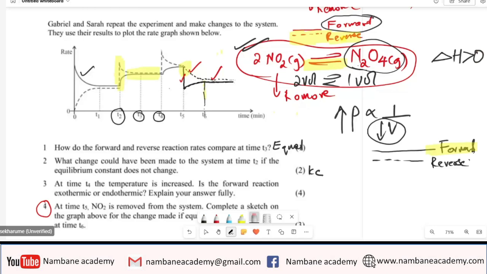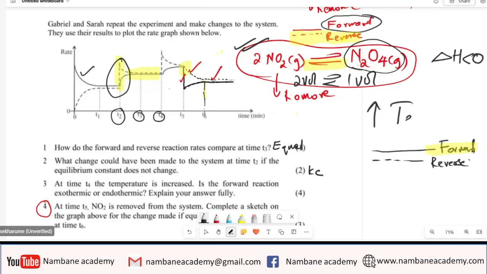So now the delta H was less than 0. I'm increasing the temperature. Once the line is facing up, it is an increase. The temperature was increased.